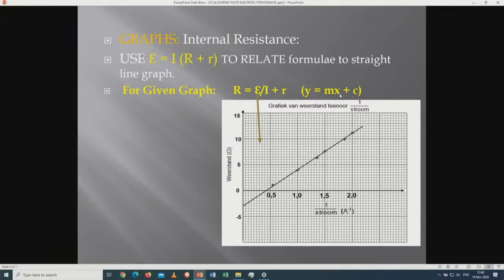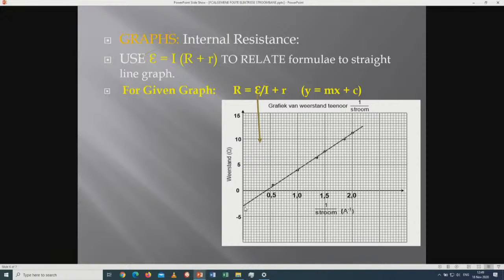y equals mx plus c. So now you realize they've given you the resistance in the circuit, so the y value must be the resistance. The x value, the independent variable, is 1 over I. And now you will realize if I rewrite this formula into this form, then R relates to this point c.